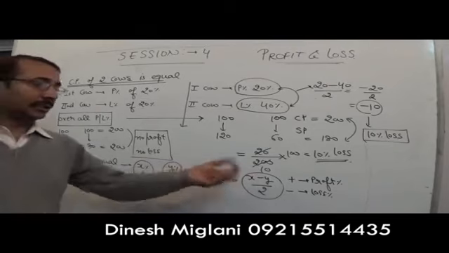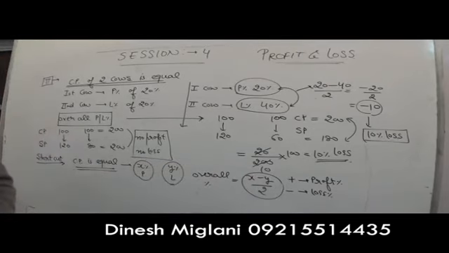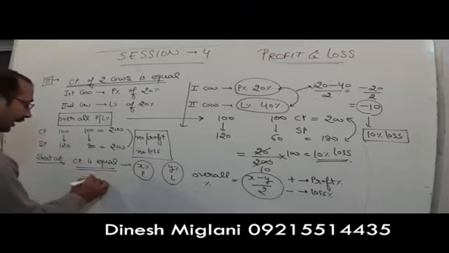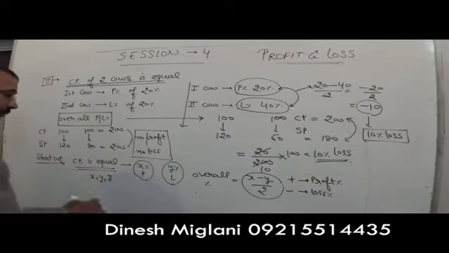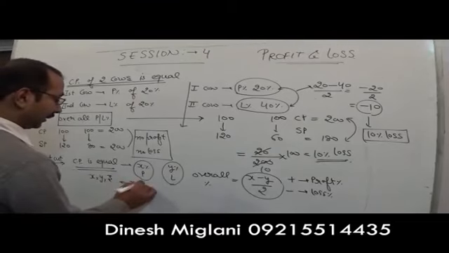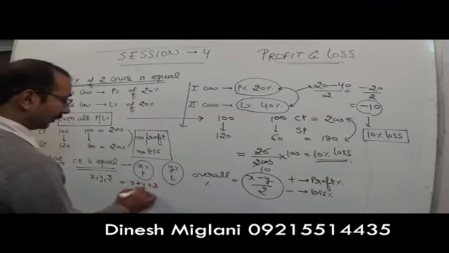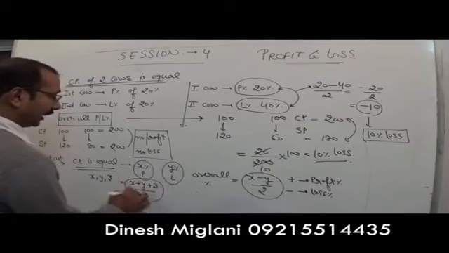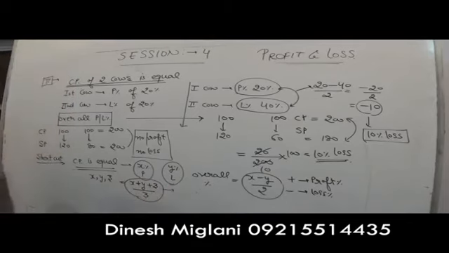If one is profit and other is at the loss, make it as X minus Y upon 2. And if there are more than 2, suppose X, Y and Z percent profit, so overall would be X plus Y plus Z upon 3. If the sign is positive, it means there is a profit percent. If it is negative, it means it is loss percent. Right?